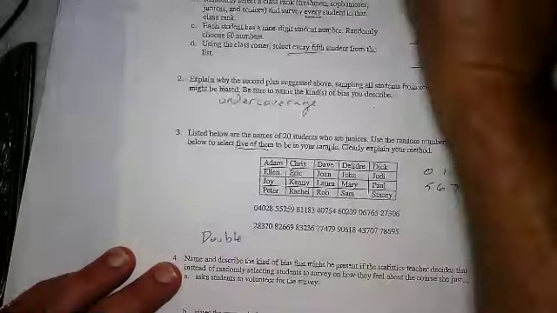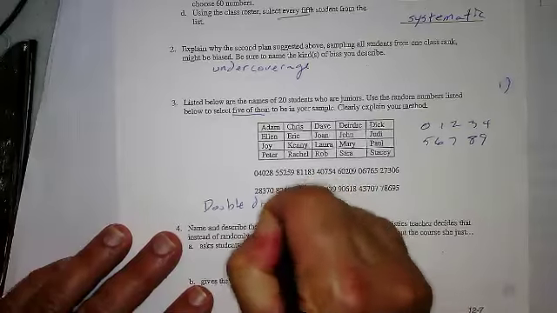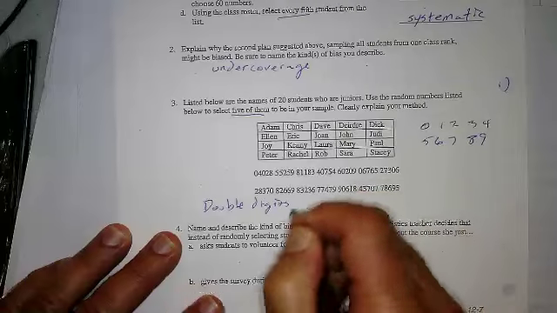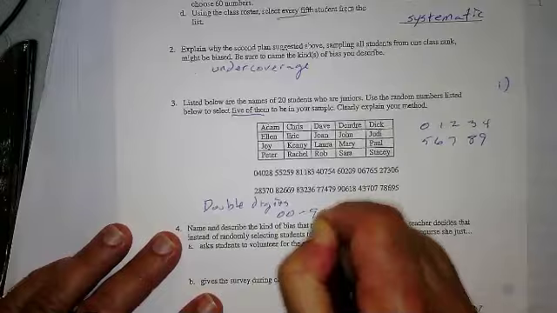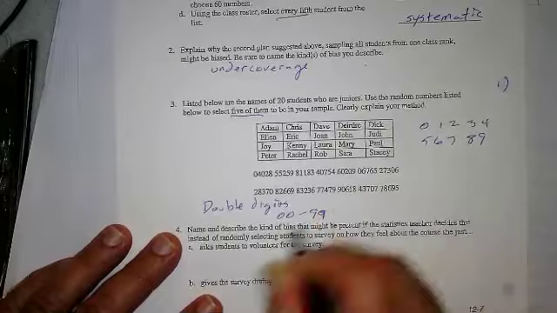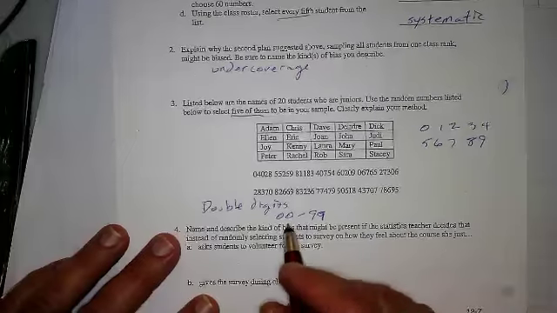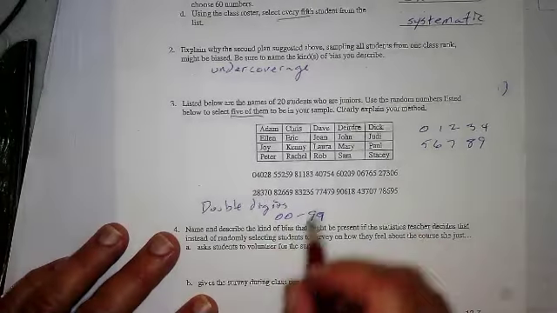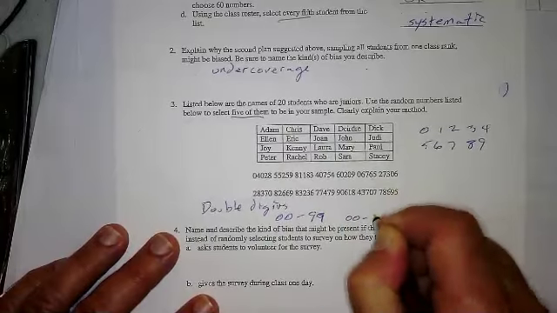We're going to do double digits, 00 through 99. That's 100 different choices, but we only need 20. So I'm going to do 00 through 19.